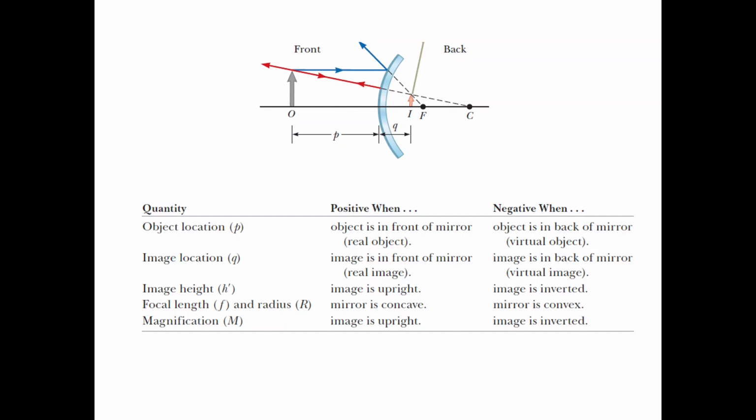So here we end up with an upward image, so the image is not flipped, but it is an imaginary image at some distance q from the mirror.